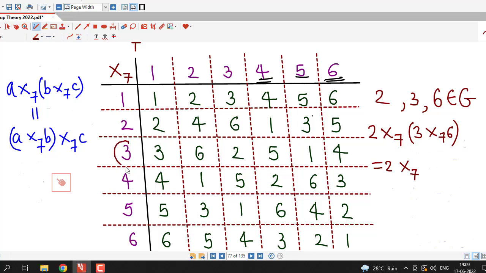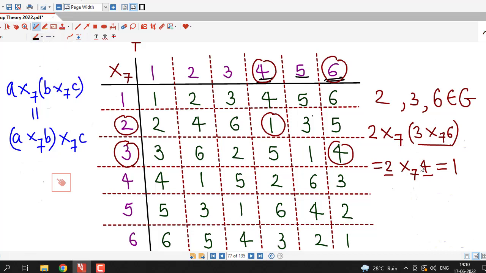So here I have 3, here I have 6, and 3 multiplication modulo 7, 6 will give us 4. So here I write 4, this I replace by 4. Then I have to find this for 2 and 4. So if I take 2 here, here I take 4, then here I have 1. So by considering 3 and 6 in one bracket, I obtain my answer as 1.